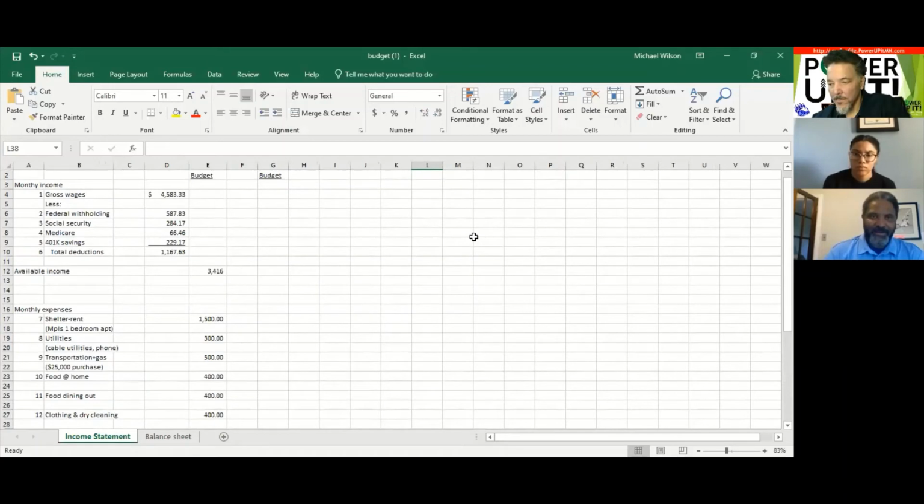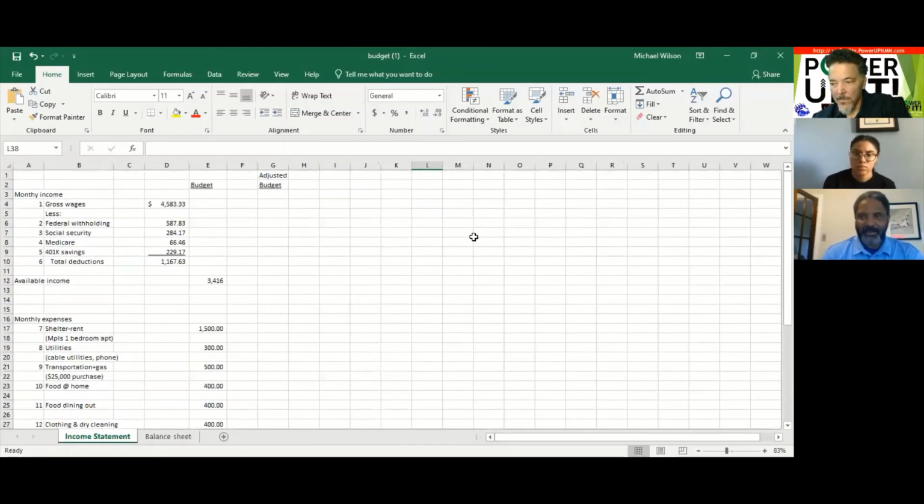So we have almost like a first pass at the budget, then we can have an adjusted budget. Let's start with the income side of things. What's available?